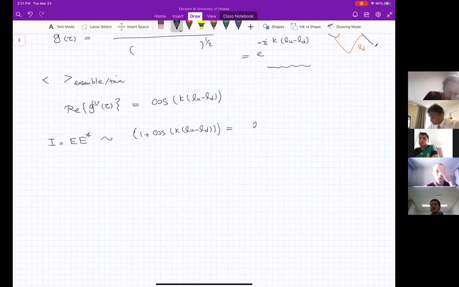Then you will get 2 cosine square of k (LU minus LD) divided by 2, which is a positive quantity, by the way. Don't worry about it being cosine. What does it mean? Look, we don't look at the spatial extension of this.